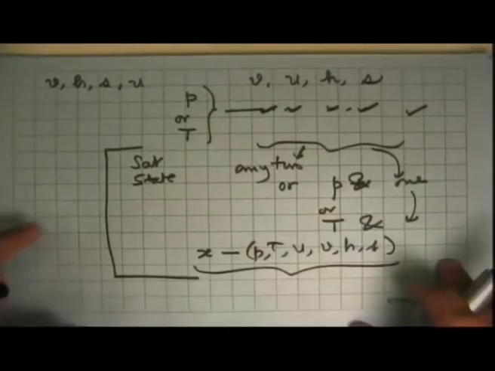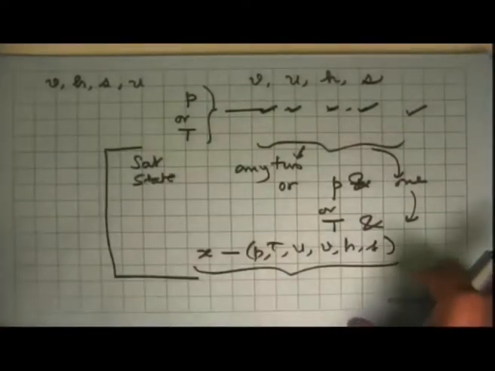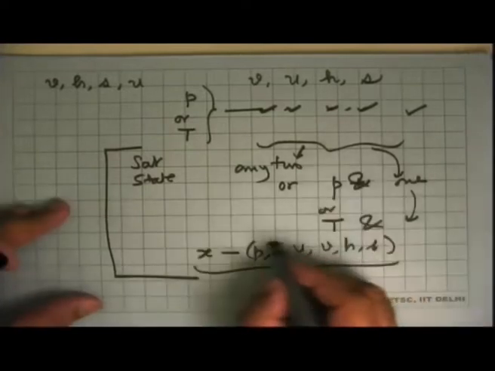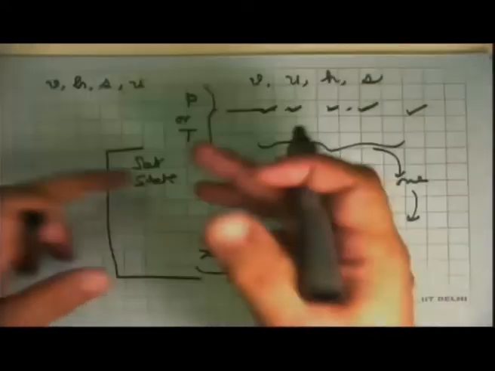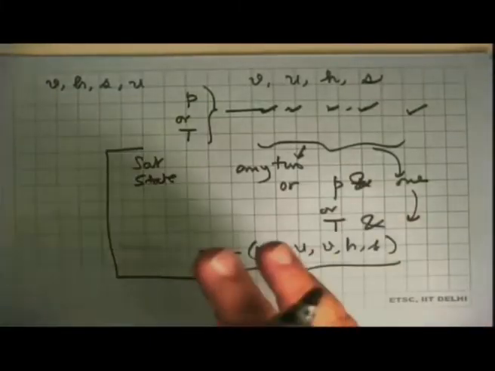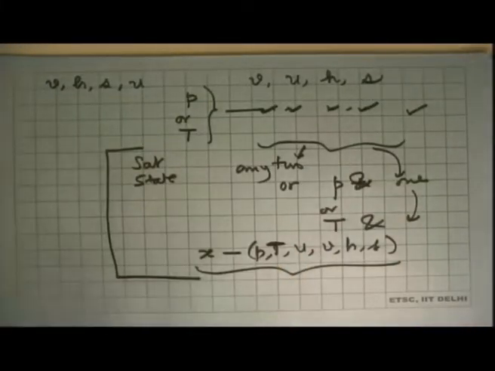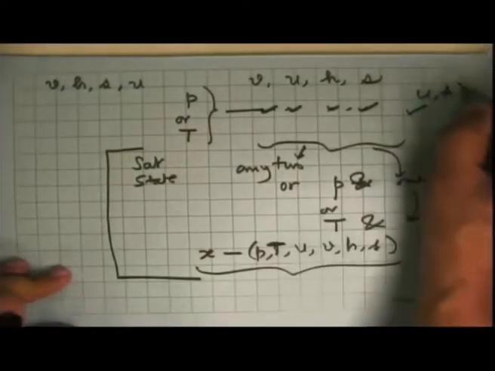And when we do problems, we get different combinations of properties coming in. We should not get flummoxed, and we just simply ask the question, do we have a saturated state? If yes, then we have to look at all of this. If no, any two of these properties are good enough. If the state is completely defined, it may be a little more difficult to get properties. If, say, U and H are given, we automatically know that we have two independent properties.